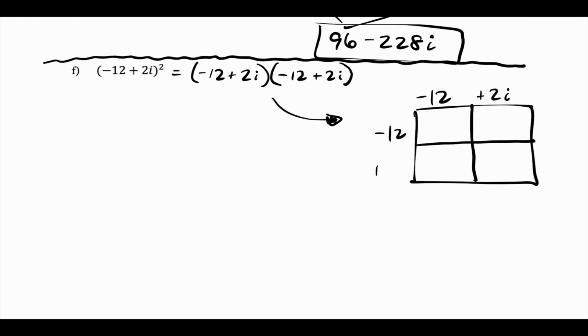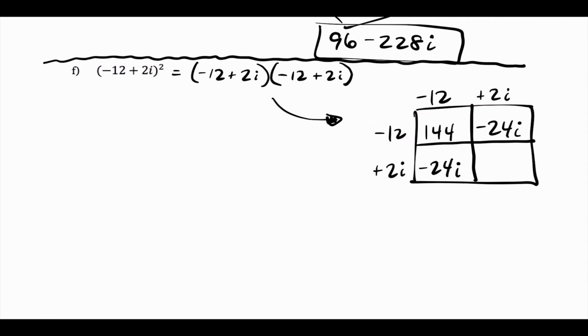Negative 12, positive 2i. And we just multiply. Negative 12 times negative 12 makes a positive 144. 2i times negative 12 makes a negative 24i. Negative 12 times positive 2i makes another negative 24i.